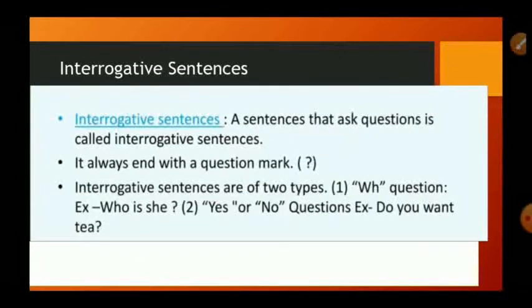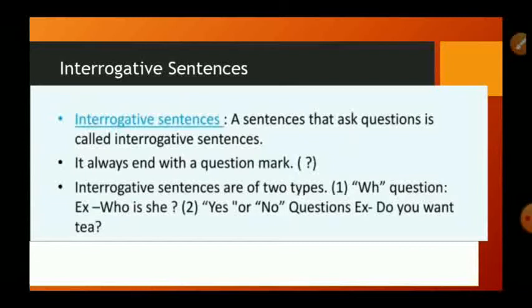Our third kind of sentences is interrogative sentences. In interrogative sentences, we can say a sentence that asks a question is called an interrogative sentence. So we can say that sentences that are used to ask questions are called interrogative sentences. In interrogative sentences, there are 2 types: first is yes or no questions and second is WH questions.